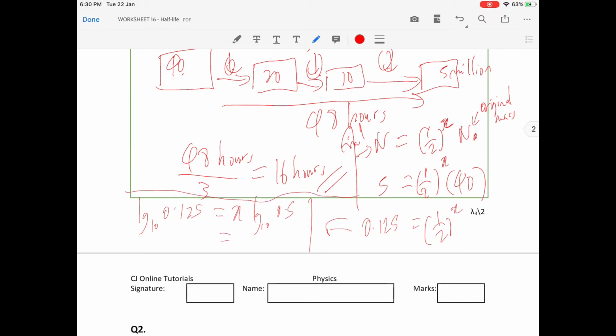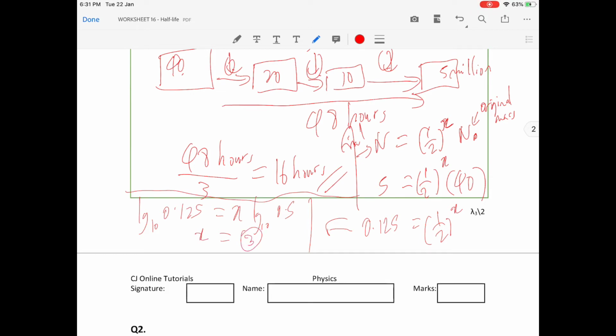Sorry, it's very messy. So x equals log 0.125 divided by log 0.5. I'm using my calculator now. So you get x equals 3.